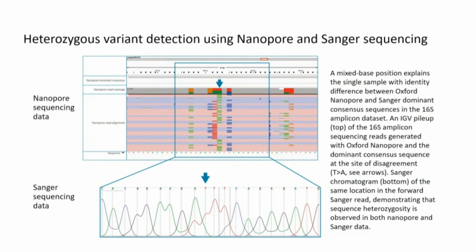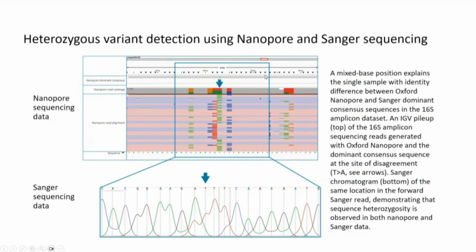Maybe 10% of the DNA molecules have A, and the other 90% have T. In Sanger sequencing, we might see a small peak showing the minor variant, but because the peak might be very small, we might think it is background or noise. For nanopore sequencing, because we are able to tell how many sequences are carrying the A and how many are carrying the T, it can help us better resolve the variants inside our DNA molecule samples.